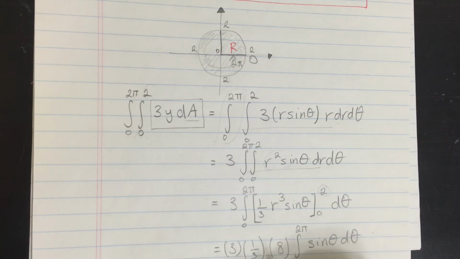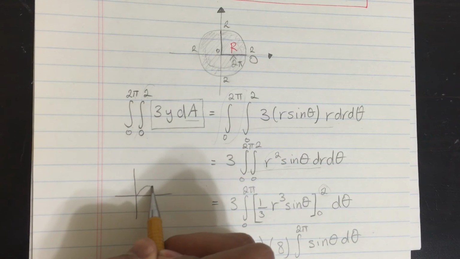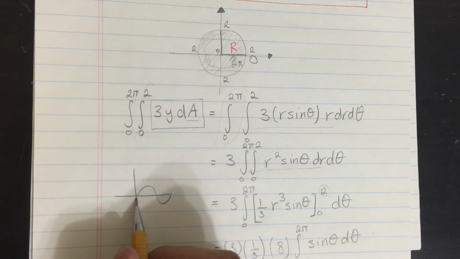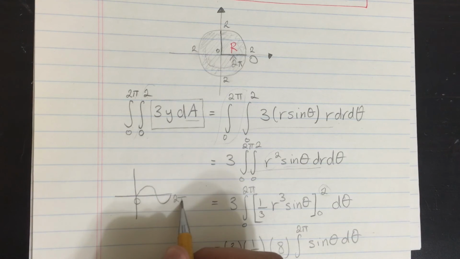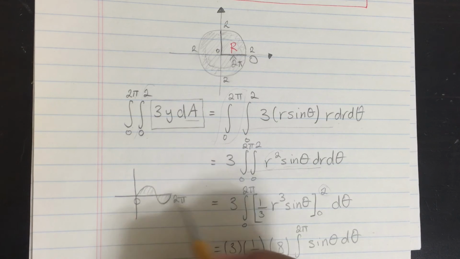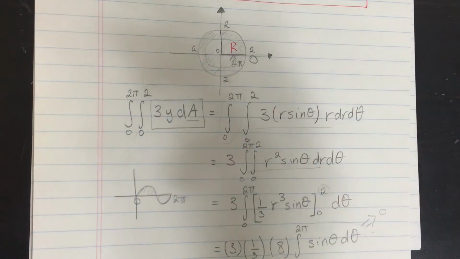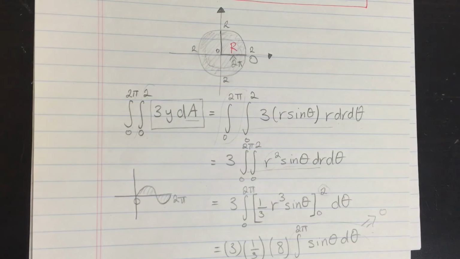Well, if you know Calc 1, sine theta is just going this way from 0 to 2 pi, right? So the top half cancels the other half. You can just basically say that this is equal to 0, or you can do it analytically and solve it.